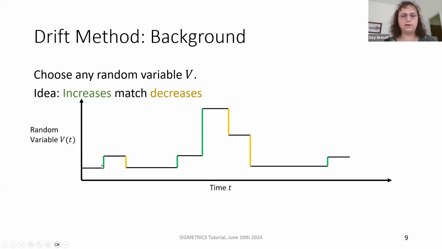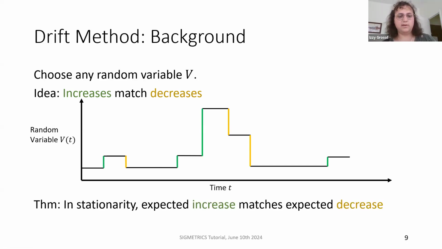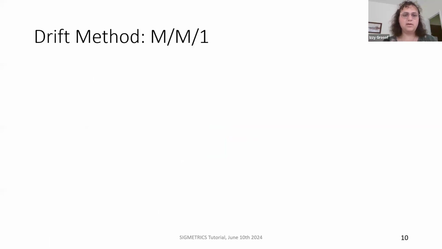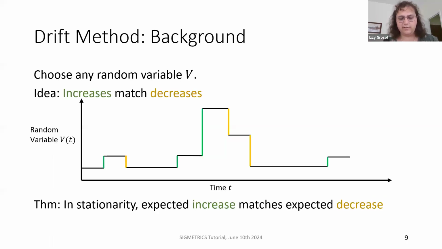The point is, all the ups match all the downs. They balance each other. From this perspective, we can say that in stationarity, the expected increase is going to match the expected decrease when we average over the stationary distribution of the system.